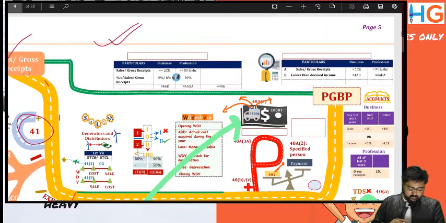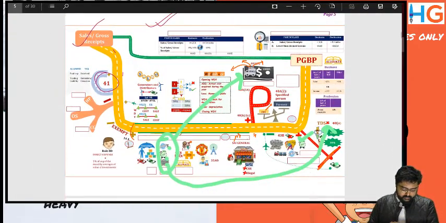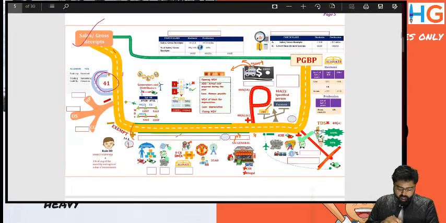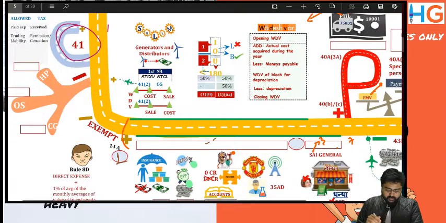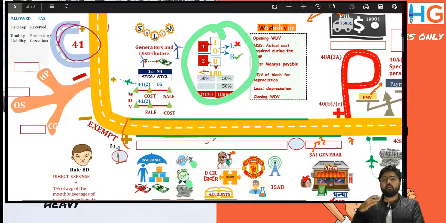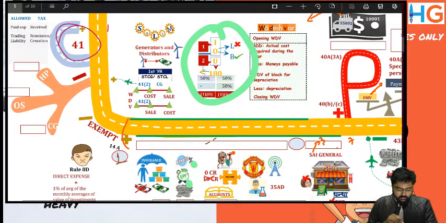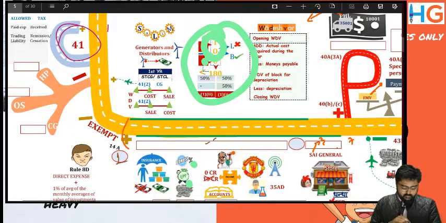Now this was the whole method of how we can compute the profits and gains. For depreciation we have a memory technique: IOU 180. It says I should own the asset, and it should be used for the purpose of business or profession. So IO means I am owning the asset, U means using it for the purpose of business.